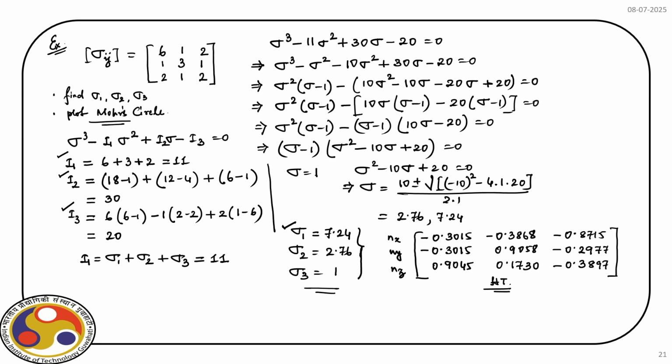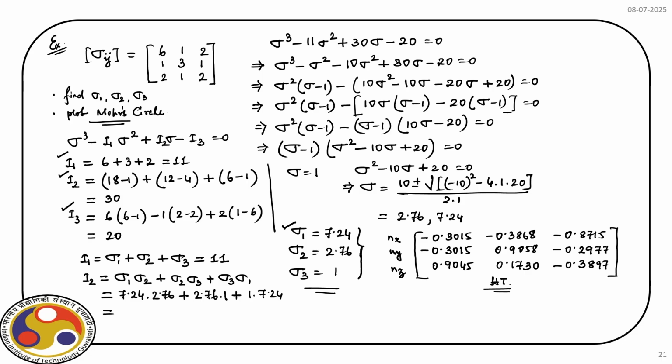Similarly, I2 is equal to sigma 1 times sigma 2 plus sigma 2 times sigma 3 plus sigma 3 times sigma 1, and that will be 7.24 times 2.76 plus 2.76 times 1 plus 1 times 7.24.